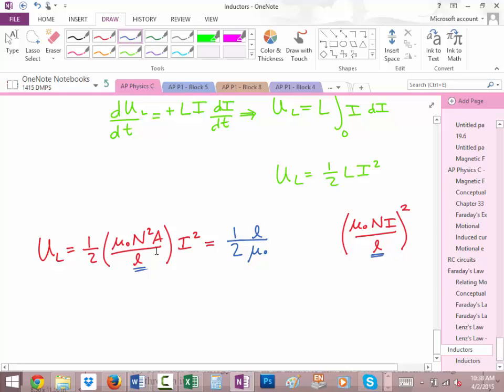And there's an A and there's an A. So then I can write this U sub L. The energy that's stored in that inductor is equal to 1 over 2 mu naught L times A times B squared.